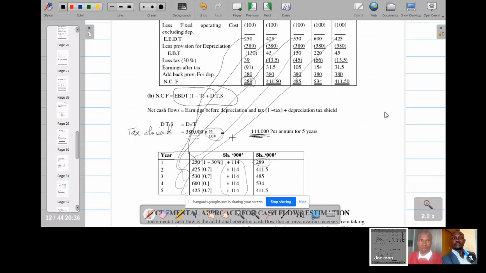So now you just take this cash flow, multiply by 0.7, because it will give you the profit after tax. 0.7 is giving you profit after tax. Then to that profit after tax, you add the shield. You'll now be able to get this, which you determined the same way. It's clear?